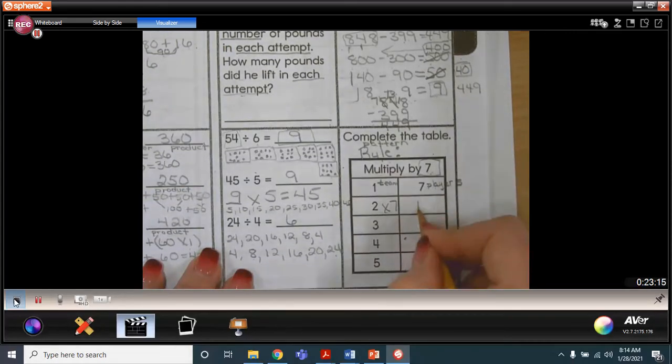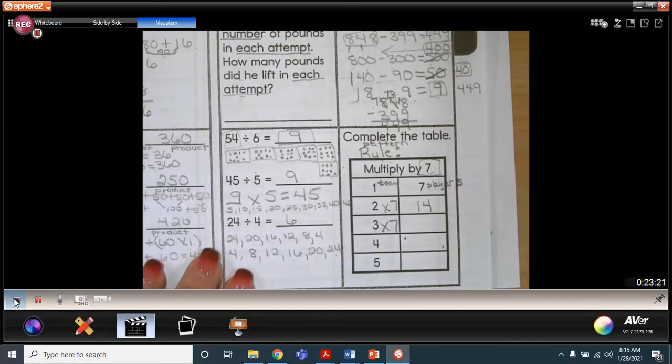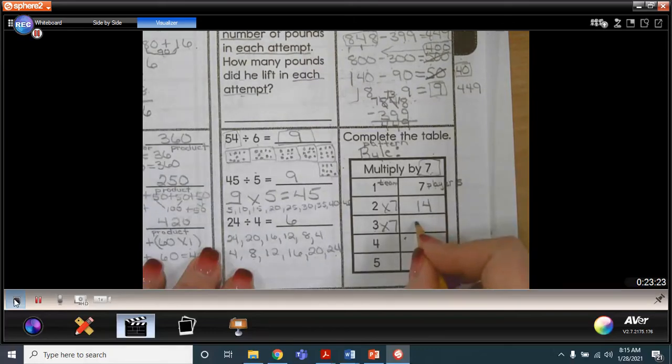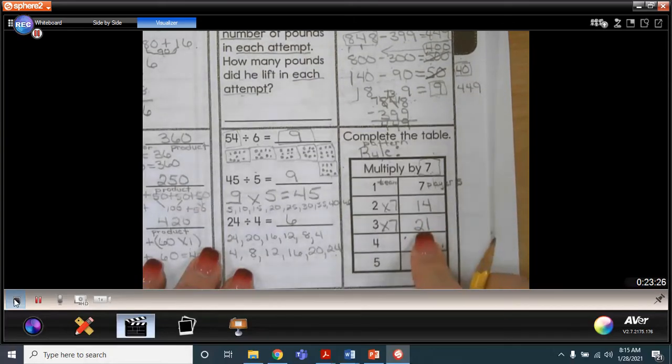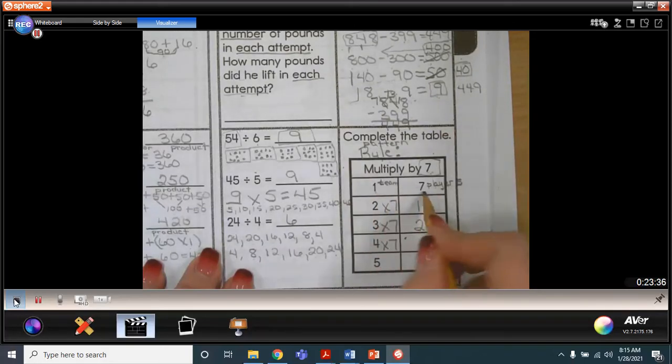Well, there would be a total of 14 players now. If we had 3 teams and there were 7 players on each team, then now there would be 21 players. And again, every time you multiply by 7, because it's telling you what's happening from the input to the output.